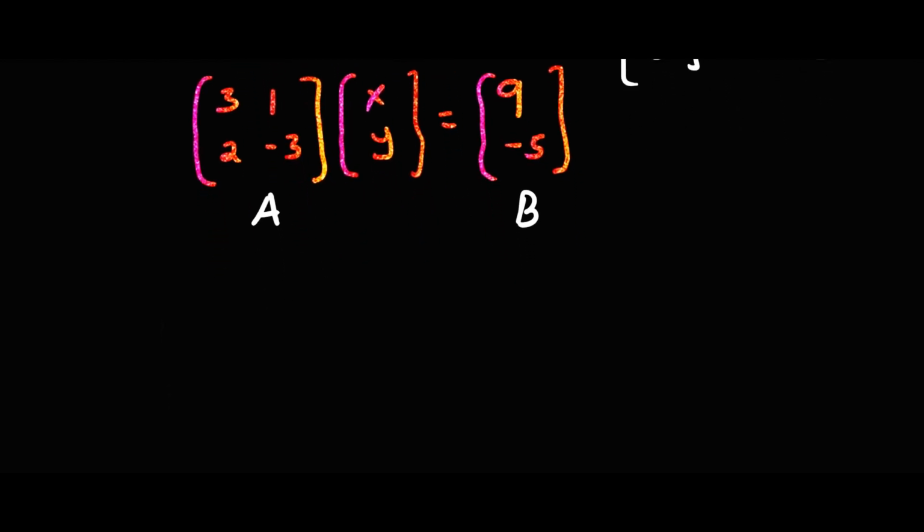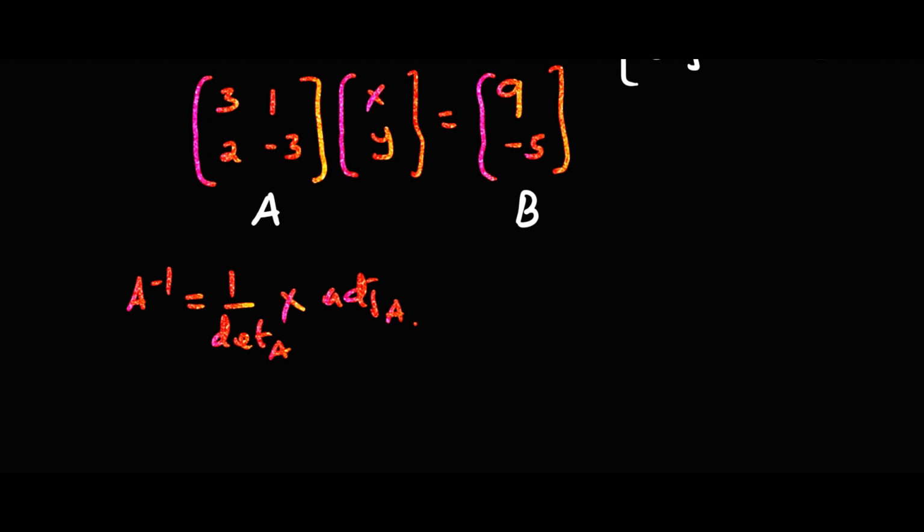The first thing you're going to need is the inverse of the matrix A. We say that the inverse of matrix A is given by 1 over the determinant of A times the adjoint of A. So we can get these two pieces of information.